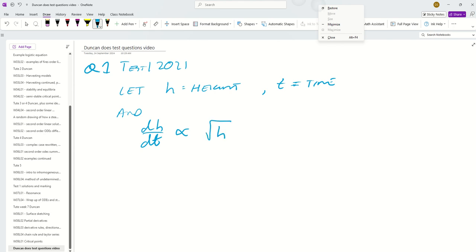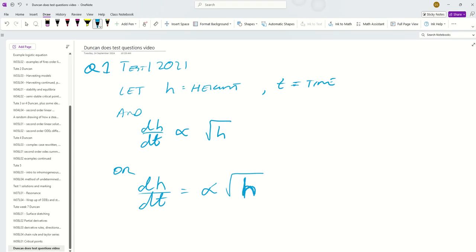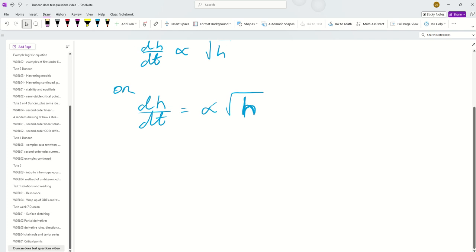Right? h is a function of time. It's the height at any given time, and we're told that the rate of change is proportional to the square root of height. So introducing a proportionality constant alpha, dh/dt equals alpha square root h, like this. That's our ODE.